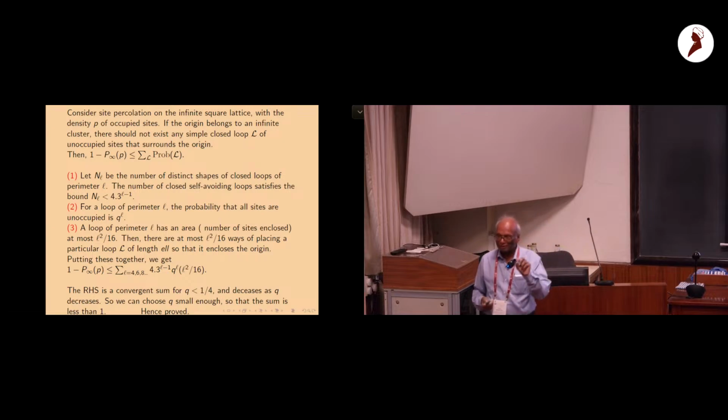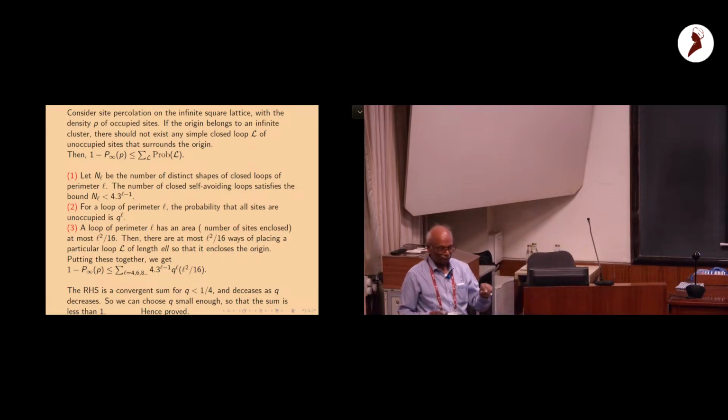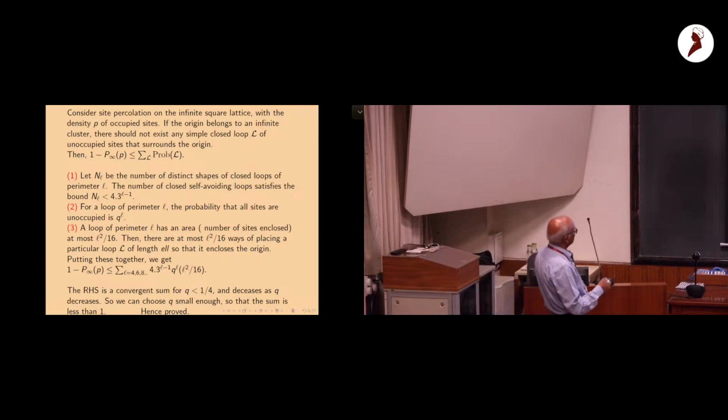But if you put all that, the single term in which you do the best possible, L squared by 16, there is only one shape. So mu corresponding to that shape is 1, not 3. So, by careful counting, you can certainly improve on this bound, but we are not going to bother so much.